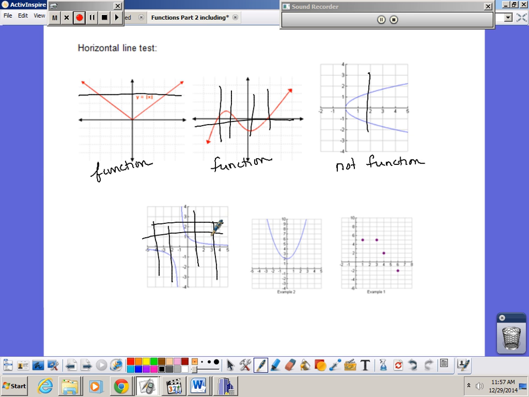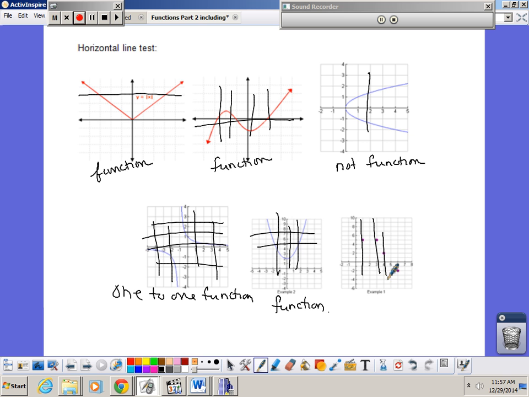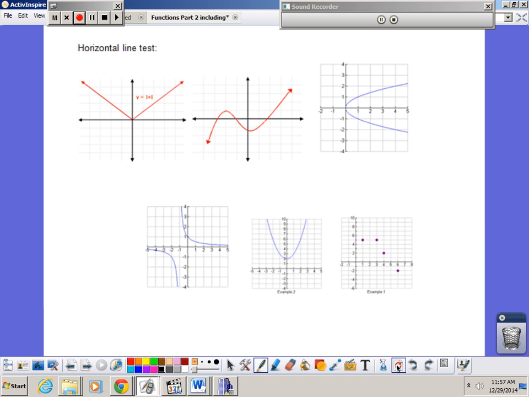This is a function, and it's one-to-one. This function fails the horizontal line test, so it's just a function, not one-to-one. Passes the vertical line test, but fails the horizontal, so it's a function, but not a one-to-one function. So hopefully you get the idea of what makes a one-to-one function.